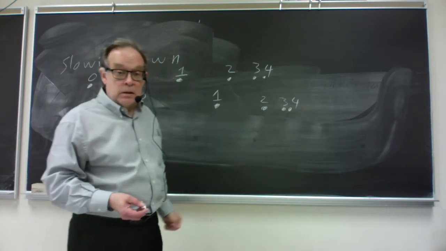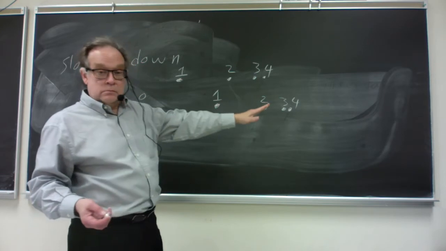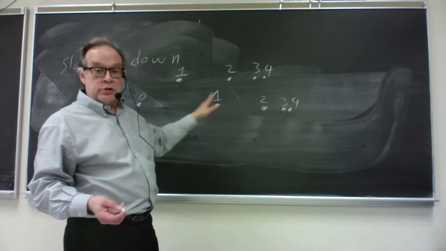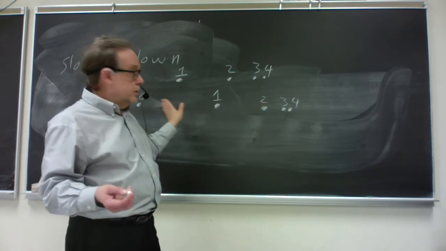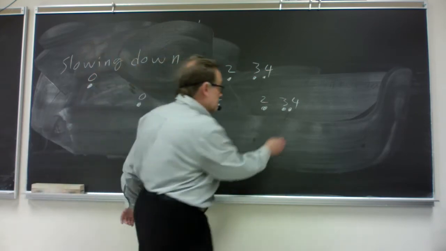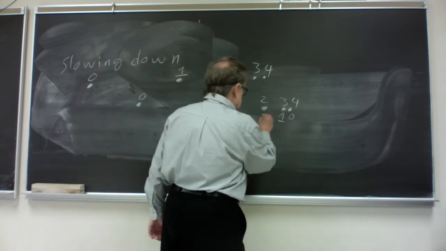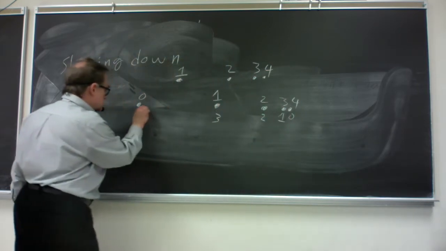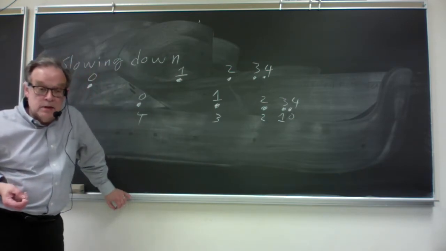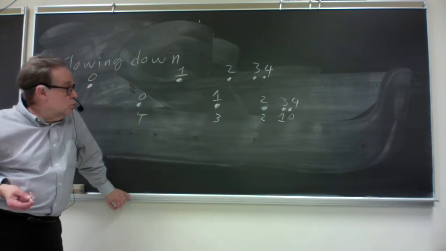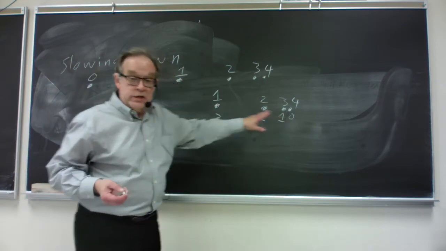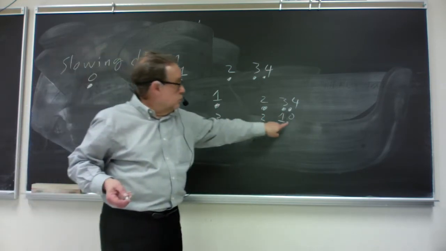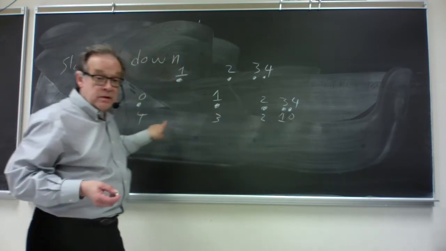But we didn't know the numbering here, so the numbering here could have been like that, meaning the motion would have been from right to left. This is the location at the earliest time.